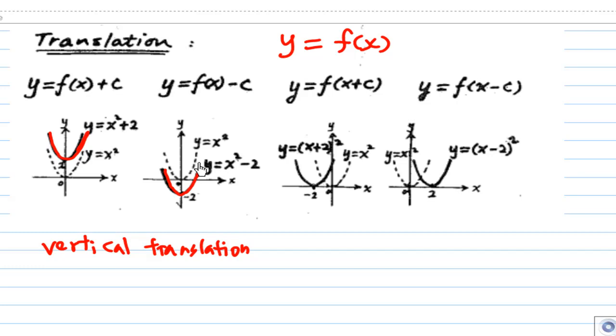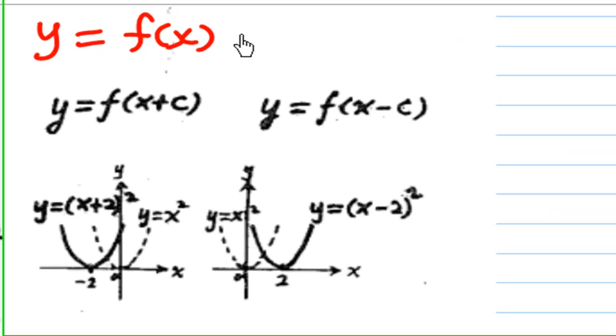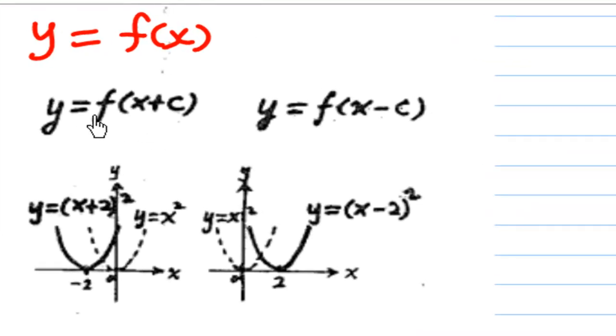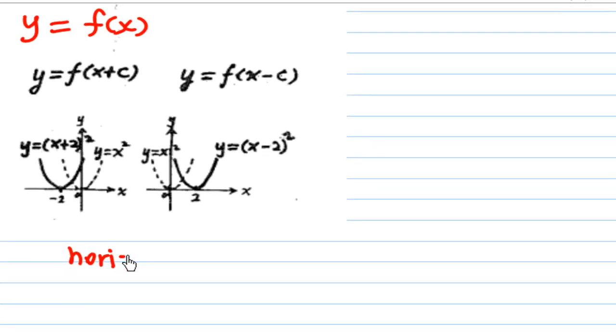Now you can also do horizontal translation. If given y equal f of x and now you have y equal f of x plus c, what does it mean? For example, you have y equal x squared. Now you change the x to x plus 2, so c equal 2. Then the graph will shift to the left. This is what we call a horizontal translation.